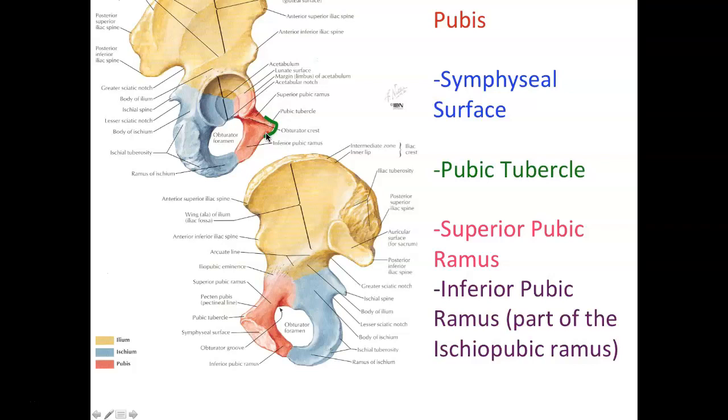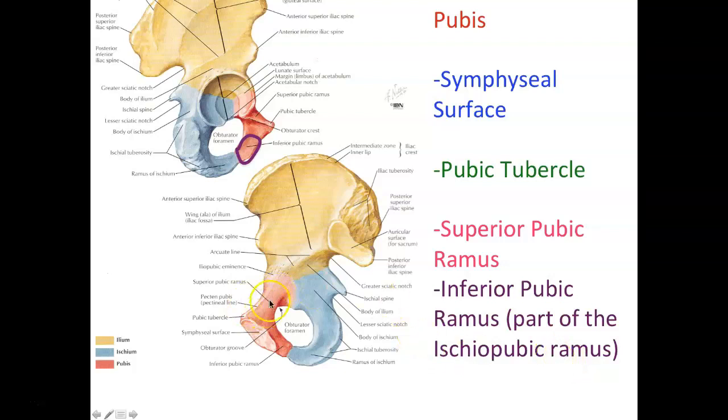All right, now for more rami. This pink portion here is known as your superior pubic ramus, and below that we have an inferior pubic ramus. So this would also be the inferior pubic ramus. Now our superior pubic ramus does not have any part in the ischiopubic ramus.